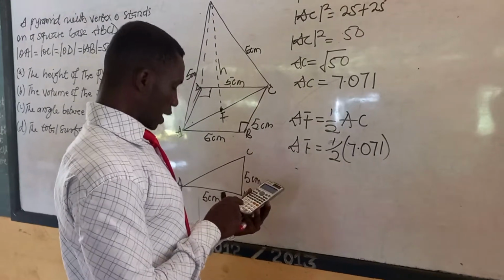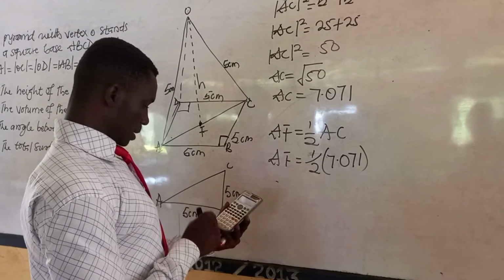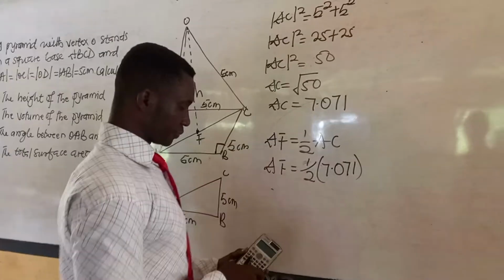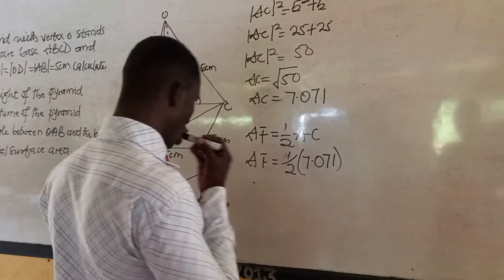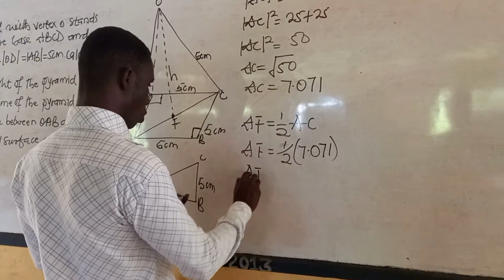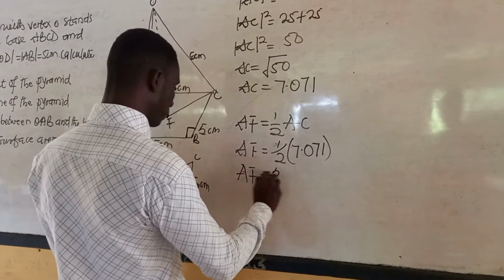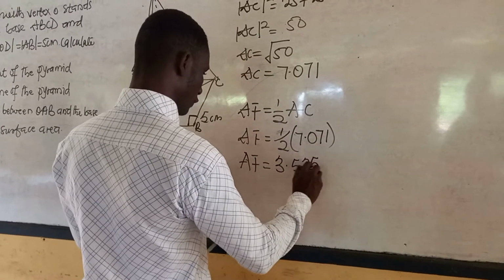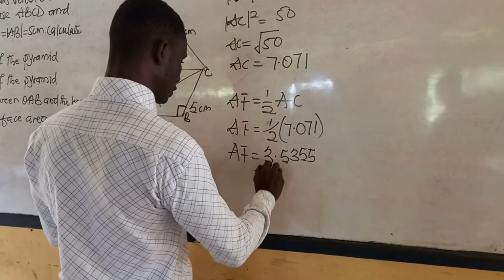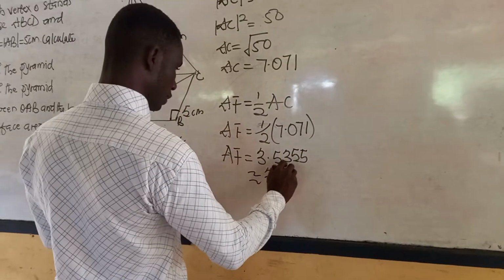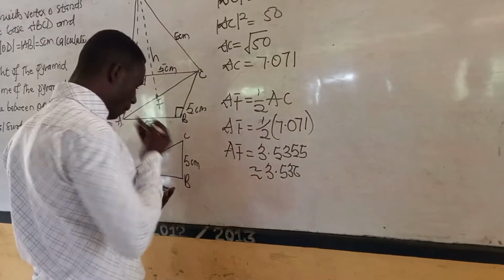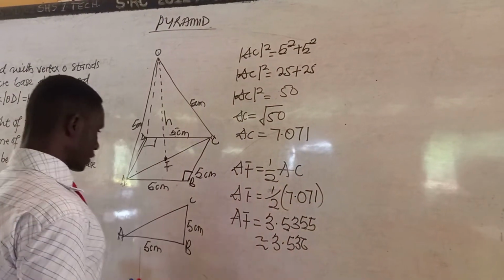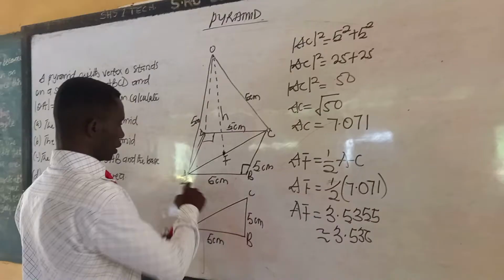So on my calculator, 7.071 divided by 2, and that gives you AF is equal to 3.5355, which is approximately equal to 3.536. So this is the length of AF.